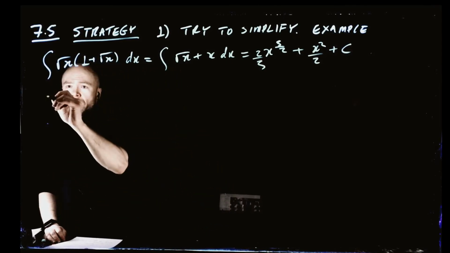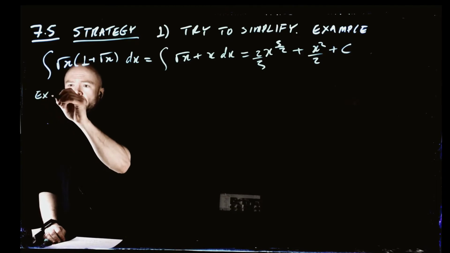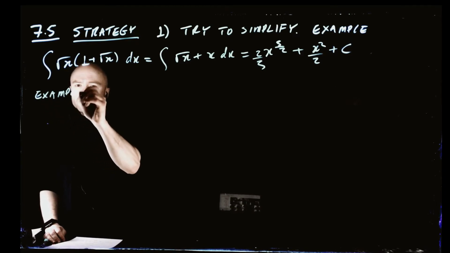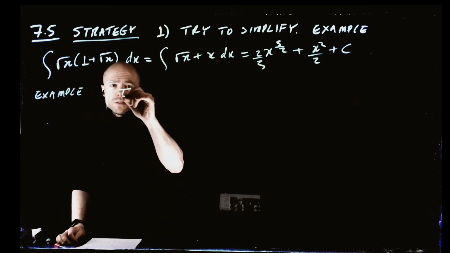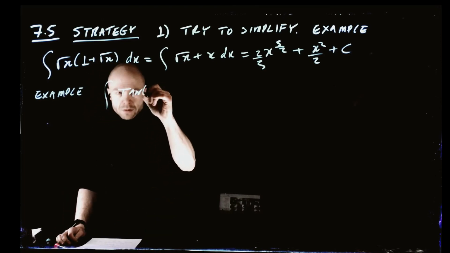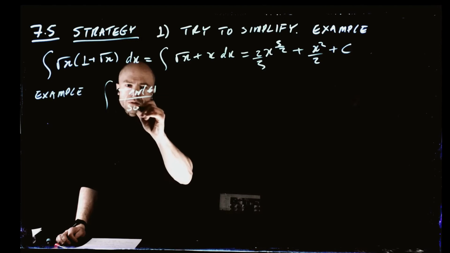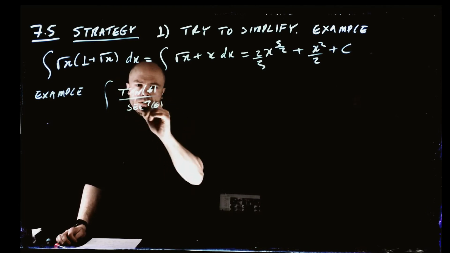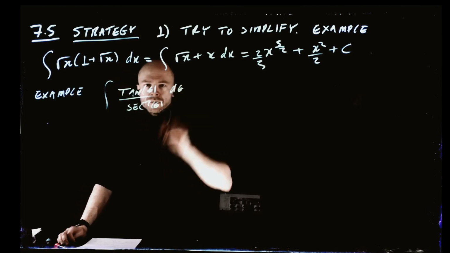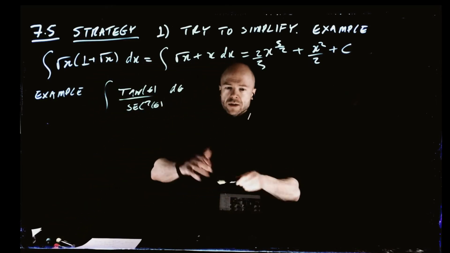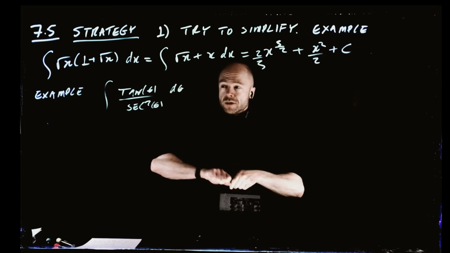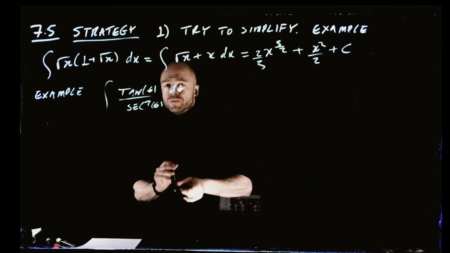Here's another example. If we see some kind of trig integral like this, before launching in with all our tan, sec type methods, just see if this isn't something that we can do more easily.